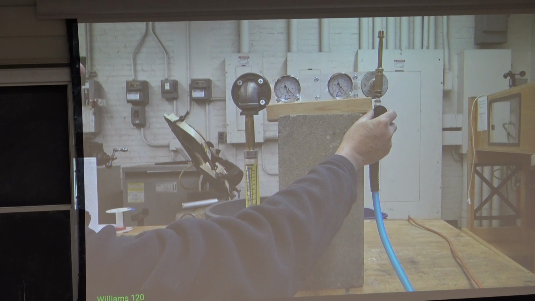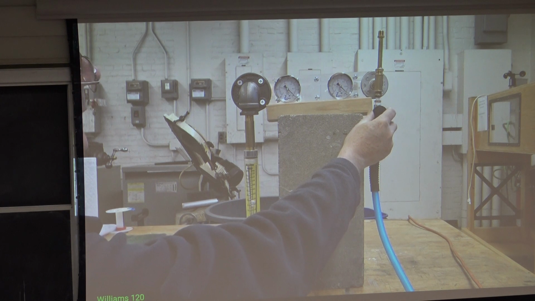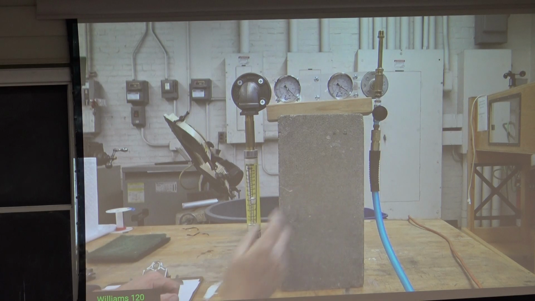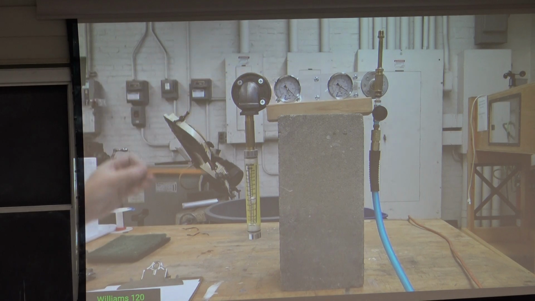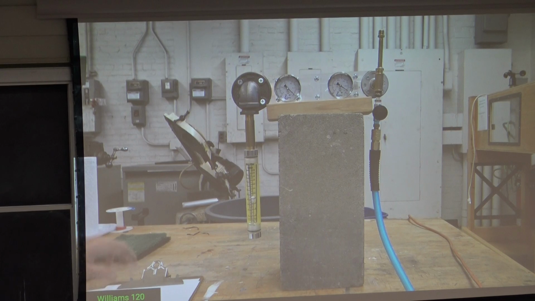Okay, let's turn up the vacuum a little more. Bring it up, say, to 2.5 inches of mercury suction. Still atmospheric on the upstream, but we're all the way up to 0.45 on the flow. So I will write that down.